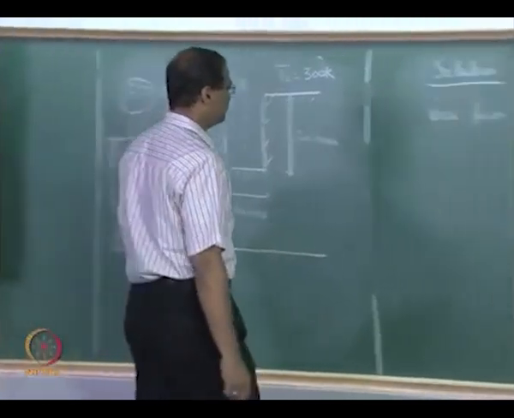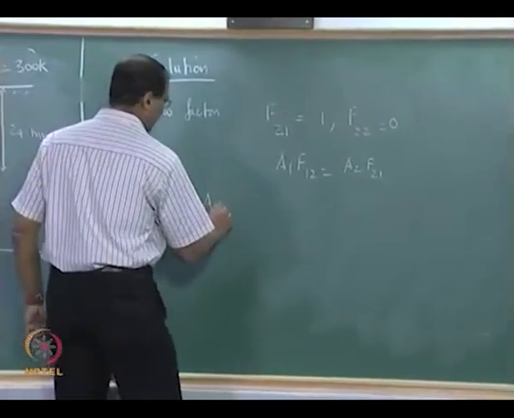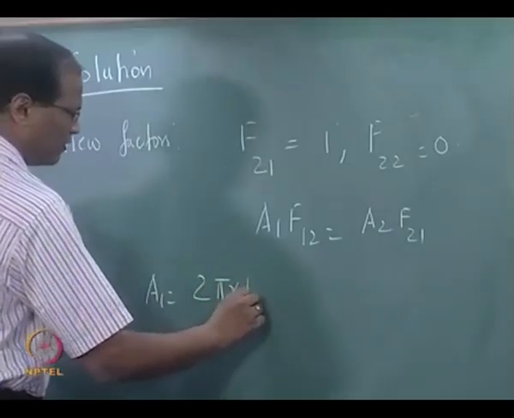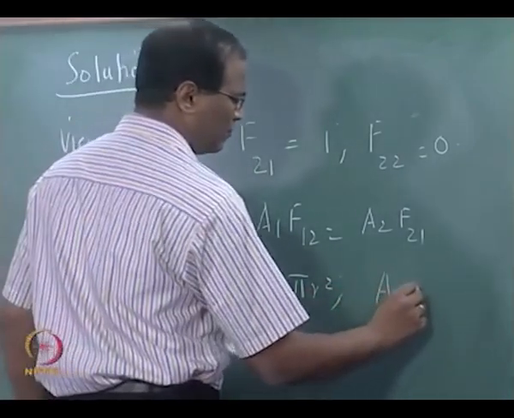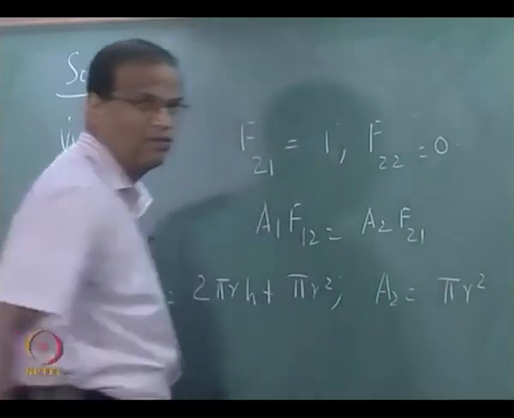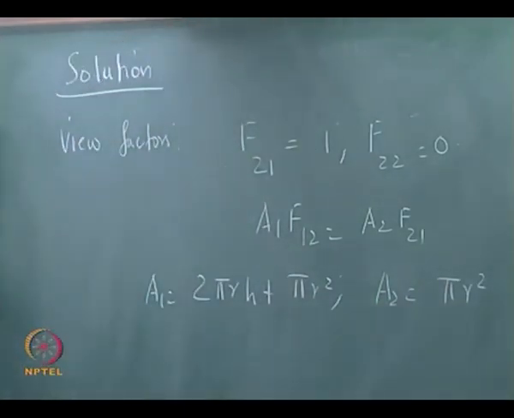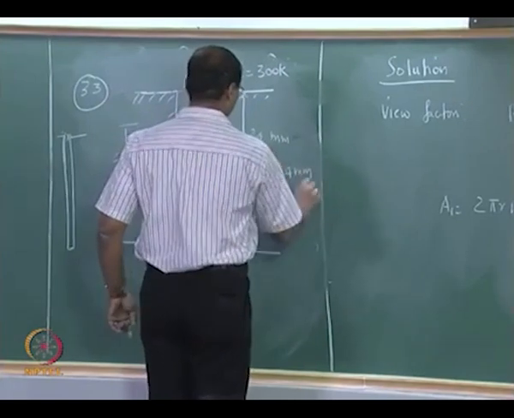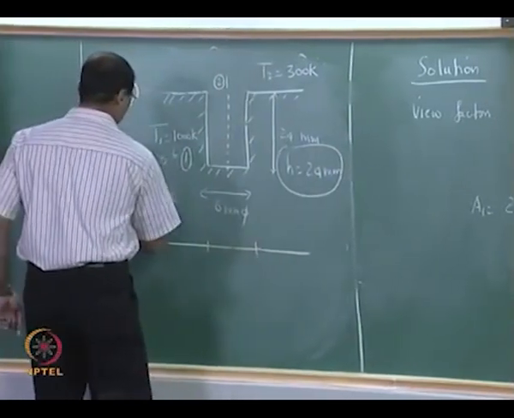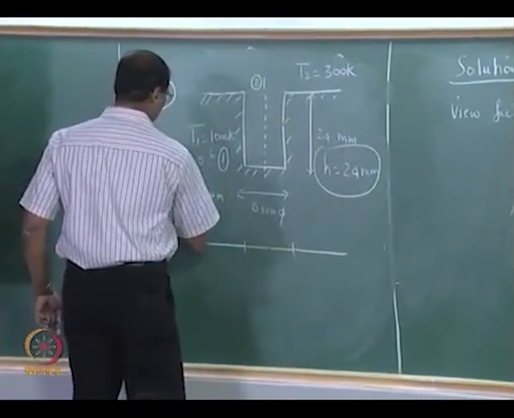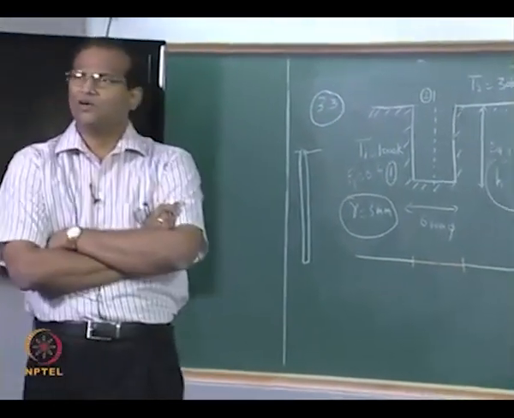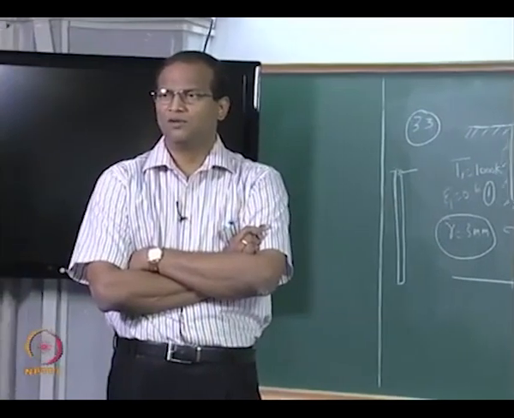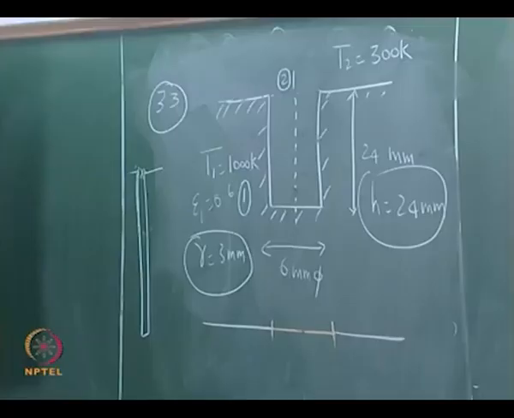So A1. So R equal to 3 millimeters, H equal to 24, correct. Is it okay? Fine. Please tell me A1 and A2.